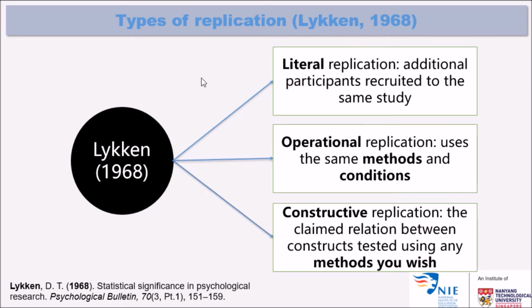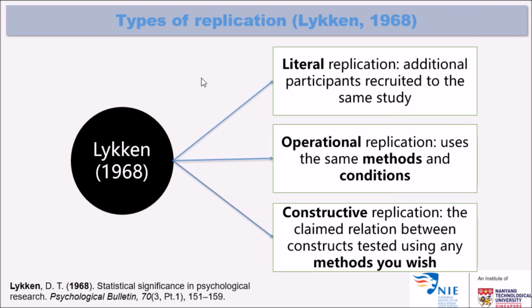Literal replication has to do with using a sort of design in which you add on to the participants, or you extend the number of participants as you go ahead in your investigation. Let me give you an example to clarify what I mean by this. Let's say you have recruited 200 people in your investigation, and then you decide you want to replicate this.